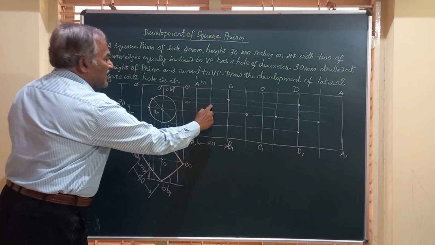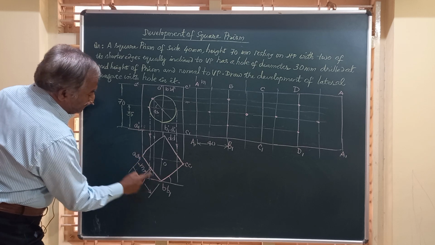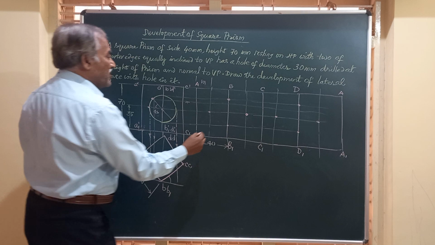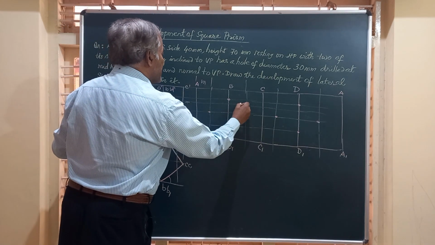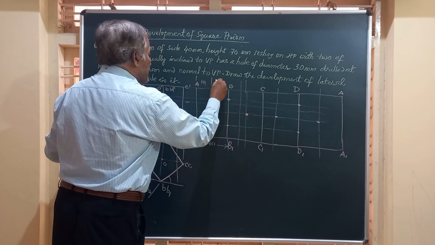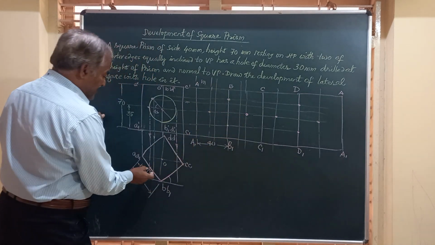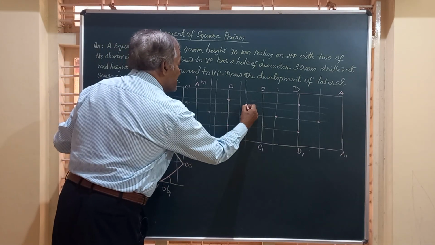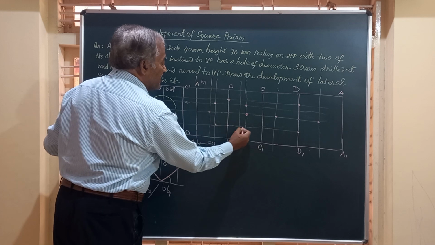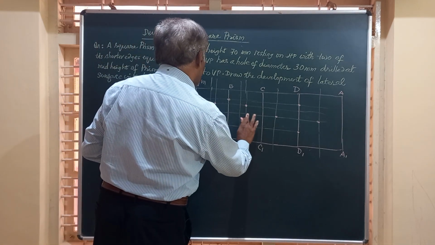And friends, I will tell you how to get the points there. On AB, this is cutting near B, and you get a point here. Similarly on the other end also, at the same distance, you get this point. So friends, this is one point, the second point, third, and this is the fourth point.